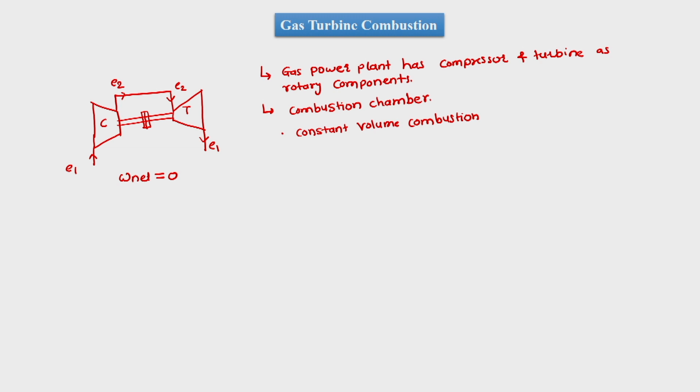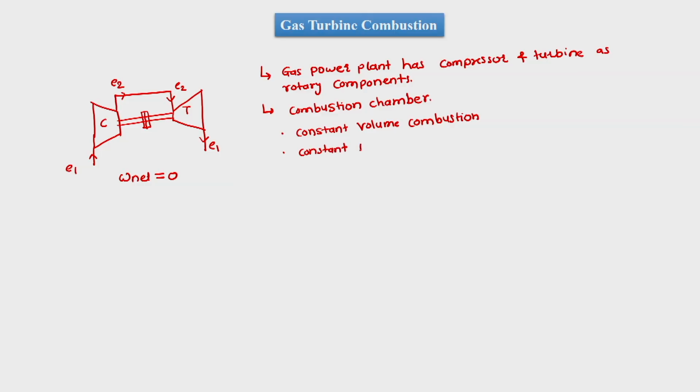The problem of making such a combustion chamber has limited the development of gas turbines with constant volume combustion. Although in the initial days of investigation of gas turbine power plants a few engines were developed with constant volume combustion, constant pressure combustion is normally used since it has a nice convenience in the flow process.